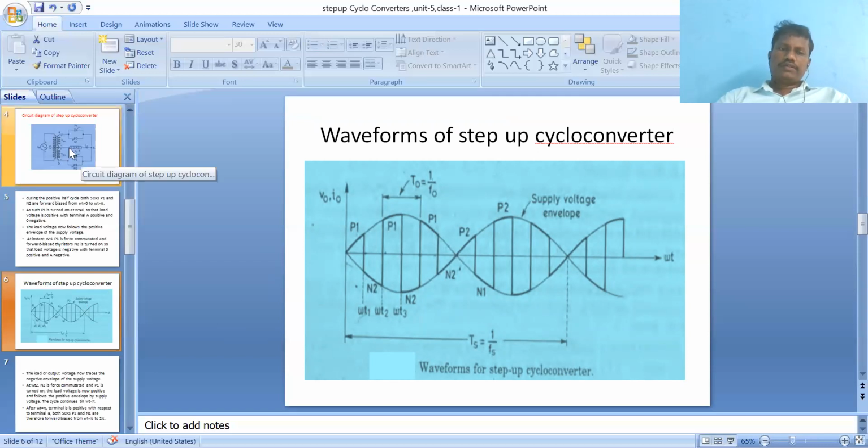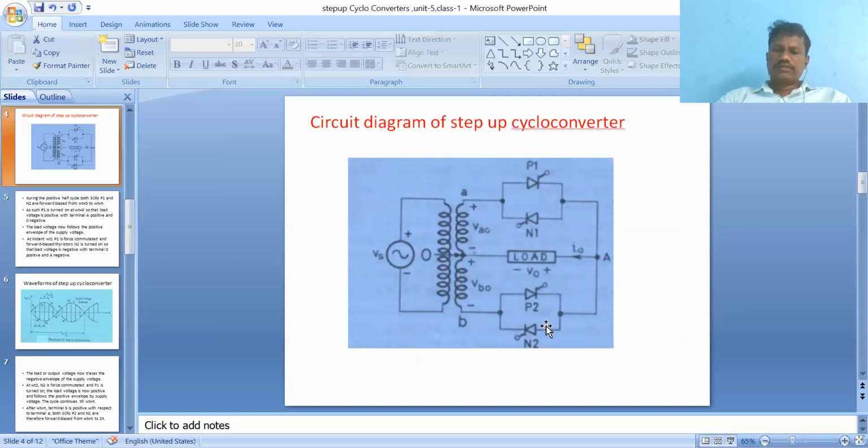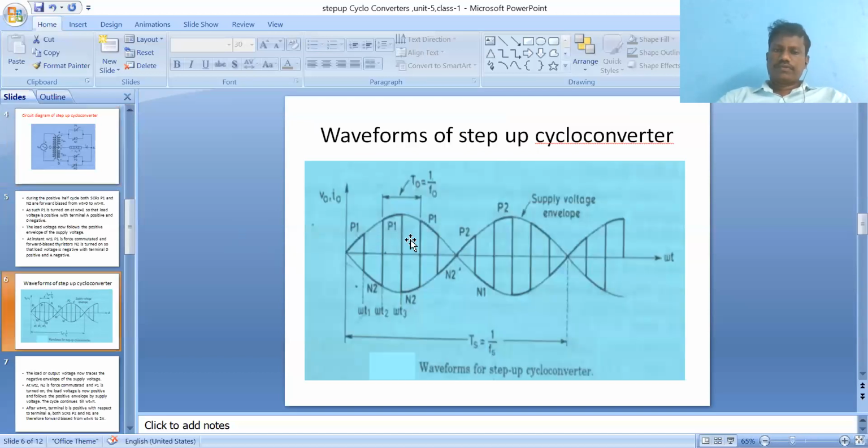And again applying the forced commutation technique to N2, N2 is turned off, then P1 is turned on, and again the voltage is produced, followed by input. Then again applying forced commutation to P1, P1 is turned off, then N2 comes in conduction state.